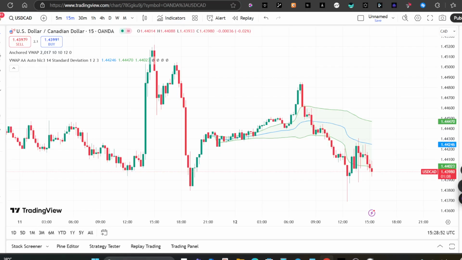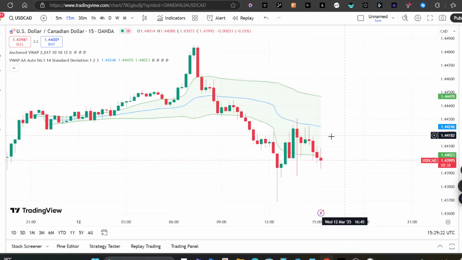In this video, we are going to be looking at one of the most powerful volume-based trading tools, and that is the Anchored VWAP. And specifically, we want to consider using this indicator for swing trading. Okay, so if you are a swing trader, you know how important it is to find key levels of support and resistance that actually matter.